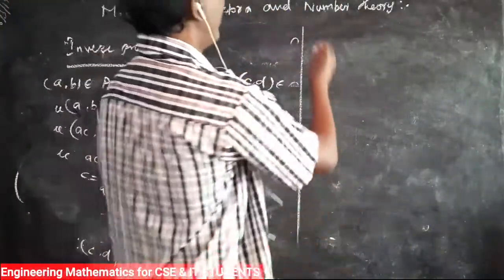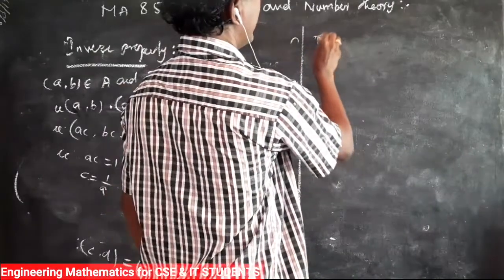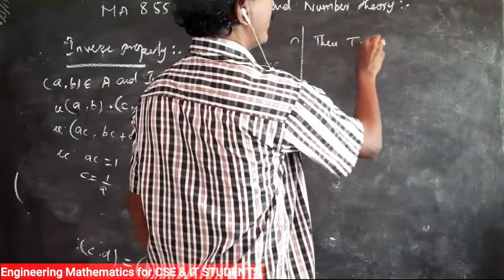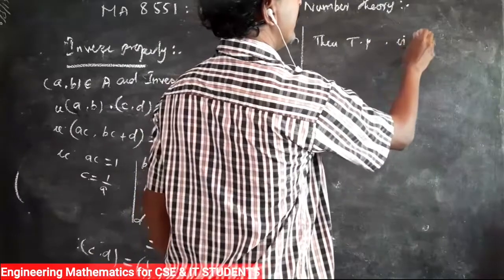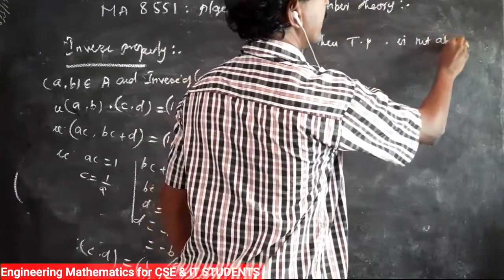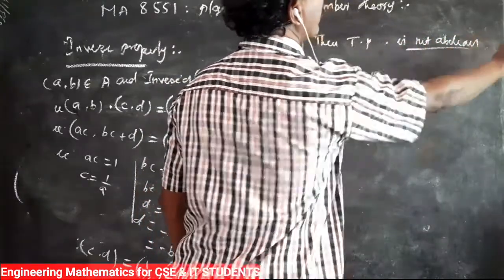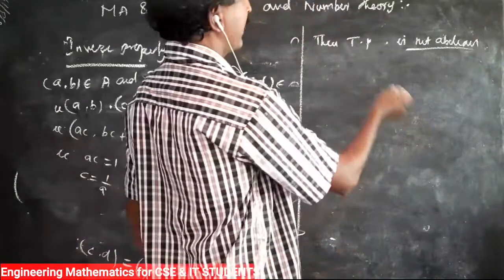Then to prove abelian, dot is not abelian. Non-abelian. What is abelian?